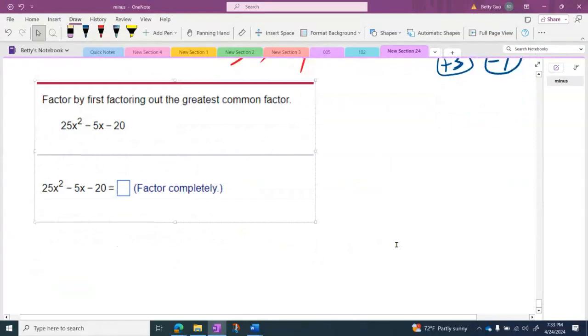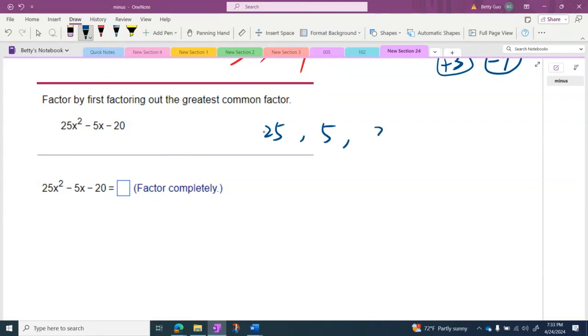Next question, factor by taking out the GCF. Let's see. The three coefficients are 25, 5, 20. GCF is 5 because 5 is a factor of 25, also a factor of 20.